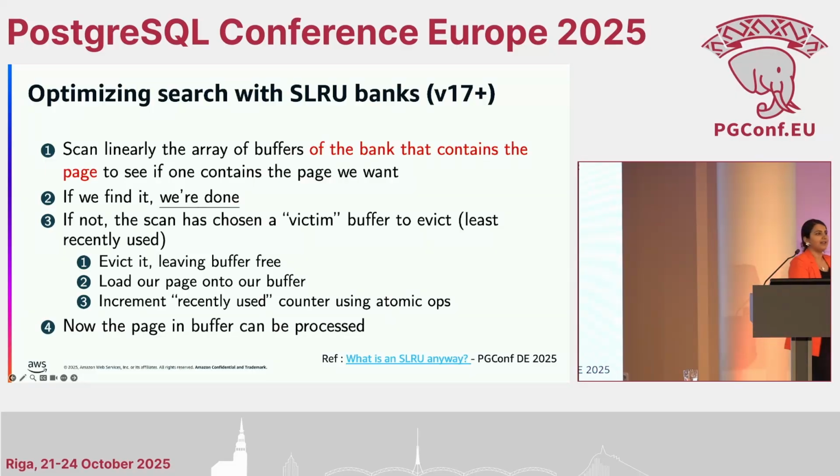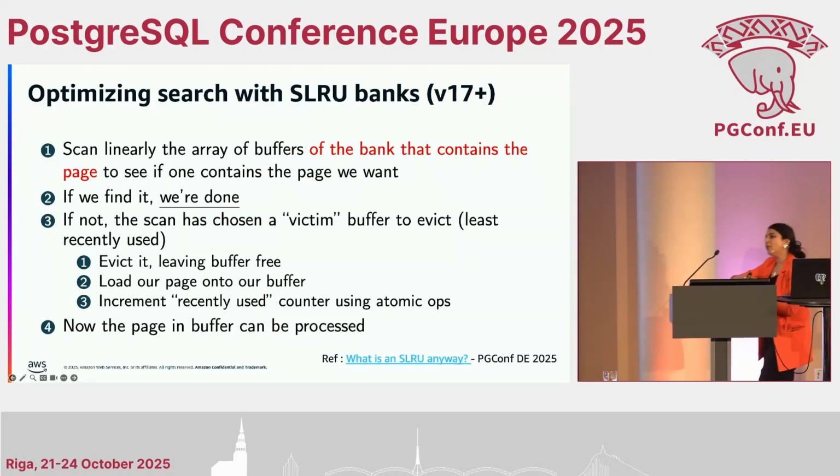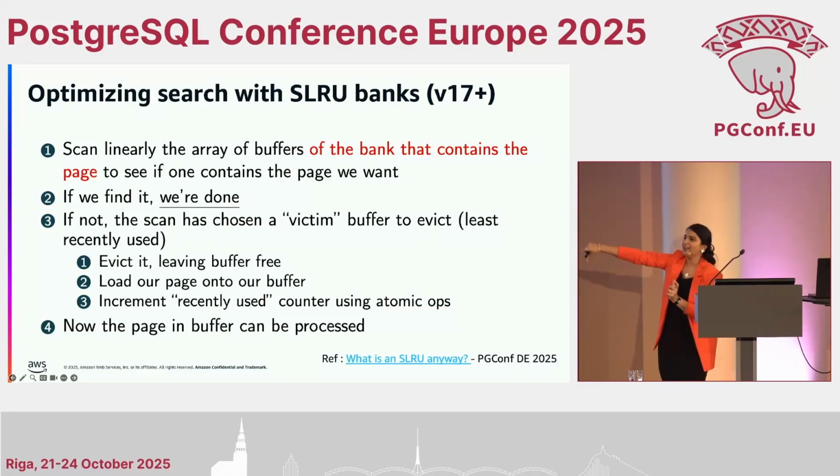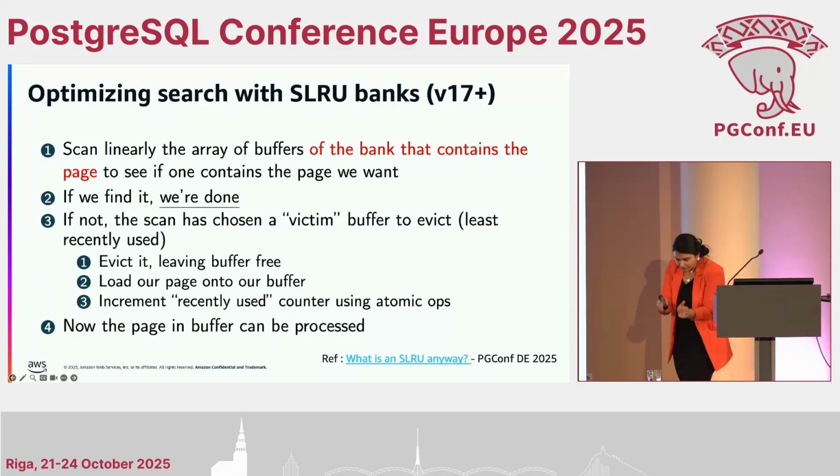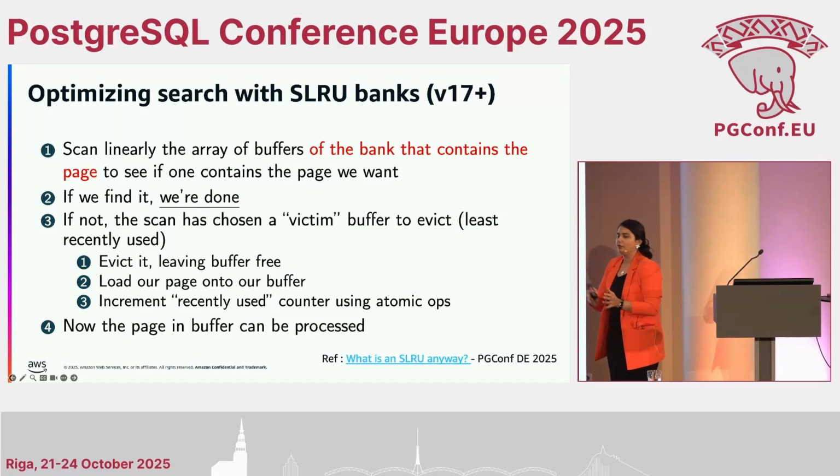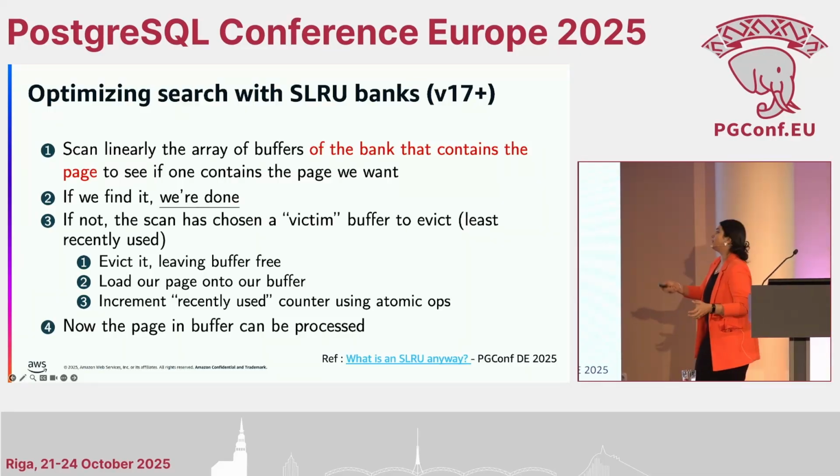So the SLRU buffers have been divided into banks so that we don't have to linearly search the entire thing. We can just search the small piece of the bank which contains the page we want.